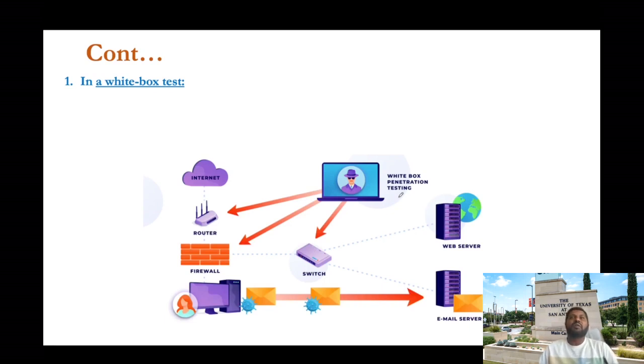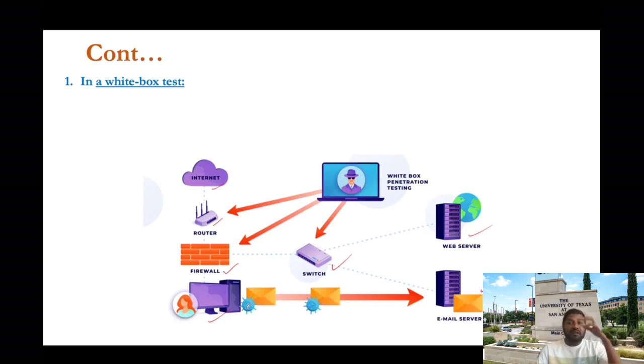the white box pen testing is when the tester has access to complete information about the source code and the network infrastructure: how many servers there are, how many switches are used, how many employee desktops there are, how they are communicating with each other, and whether the network is configured with firewalls at the router level when it is connected to the internet.